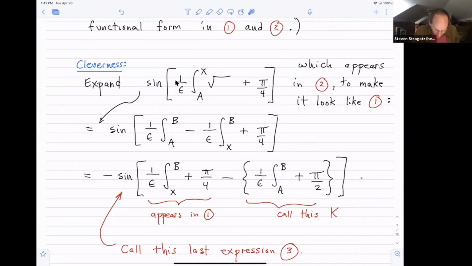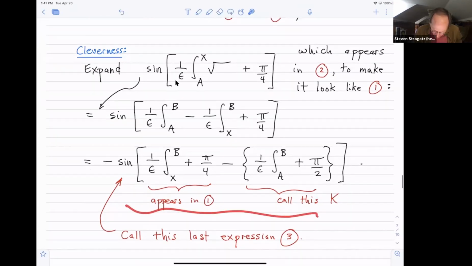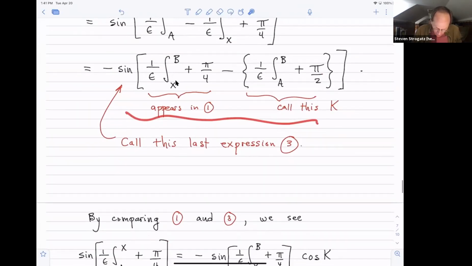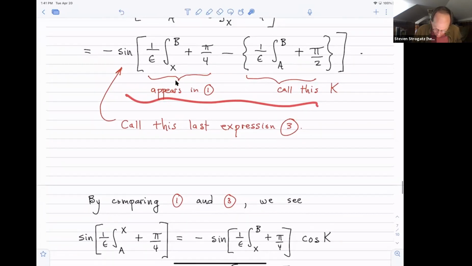So if I take this last expression here, this whole thing, and call it 3, then I just want to compare 1 and 3. And they'll be the same. I mean, I'm ignoring the constants, the C1 and C2, for now. They have the same x dependence if I can ensure this condition.